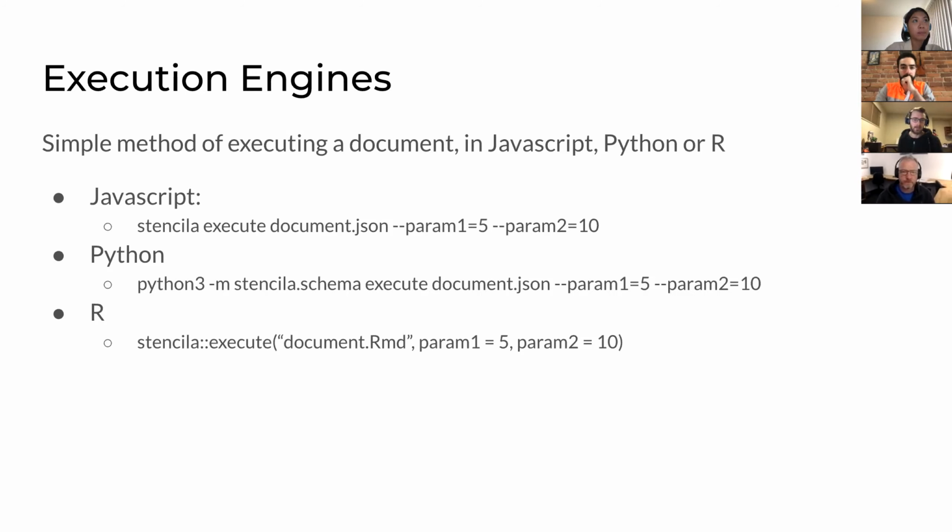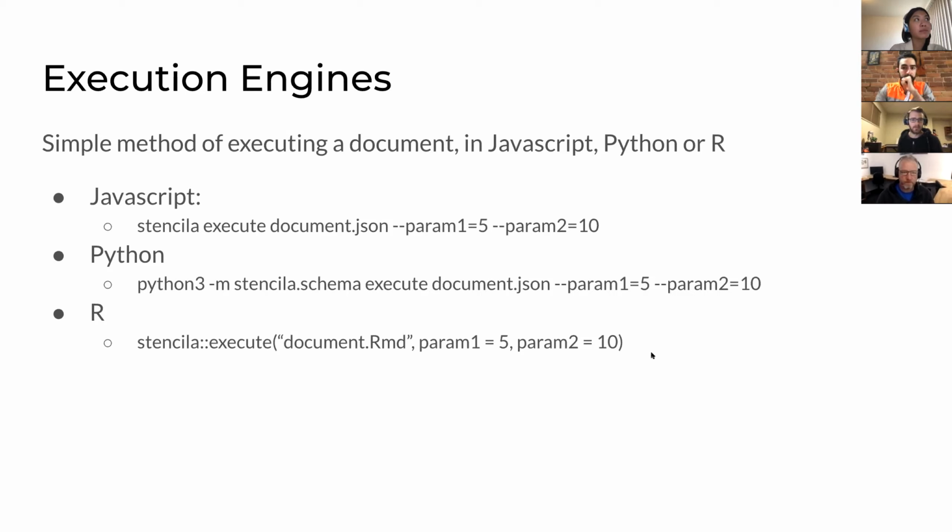And for R, you can call it with an R function to execute a particular document, passing in parameters. This is a bit hand wavy for now, but I just wanted to show that we have three engines, and they all work in the same way, being able to execute a document.